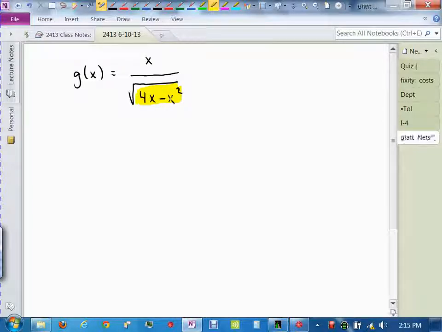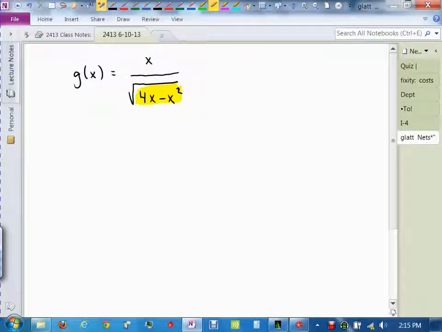Starts with an R. Radicand. The radical is the symbol itself. The radicand cannot be negative, right? The radicand can also not be what? 0, because what would happen if the radicand is 0? Square root of 0 would be 0, and then you get division by 0. Do y'all agree with that?